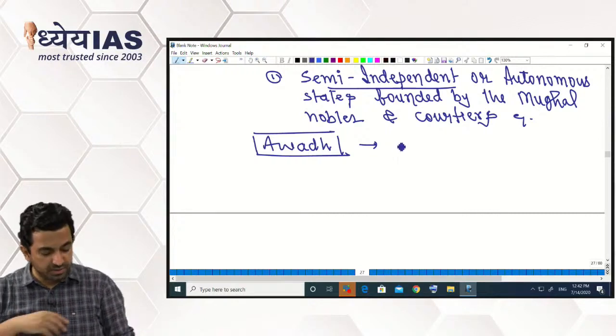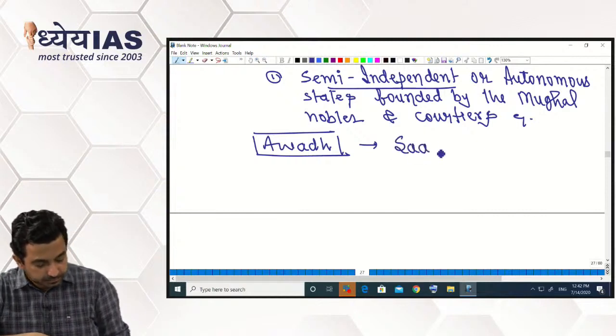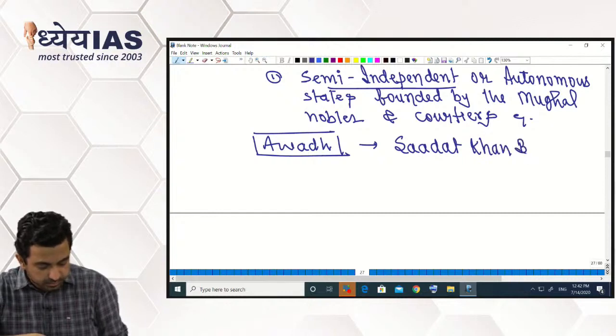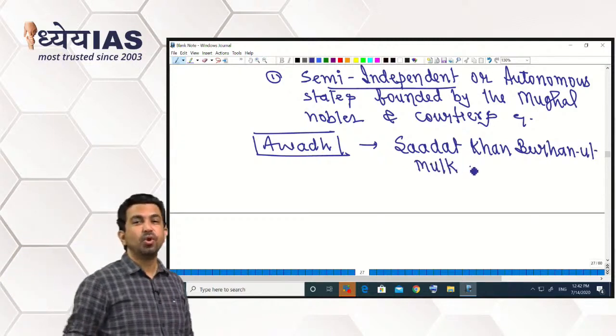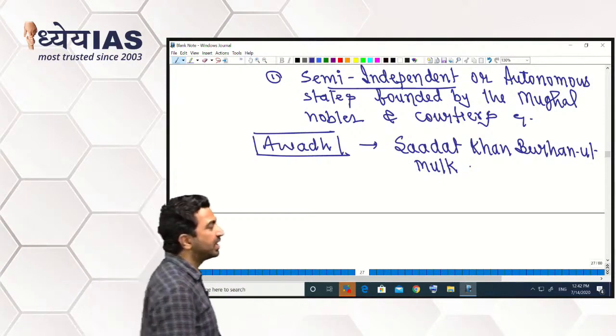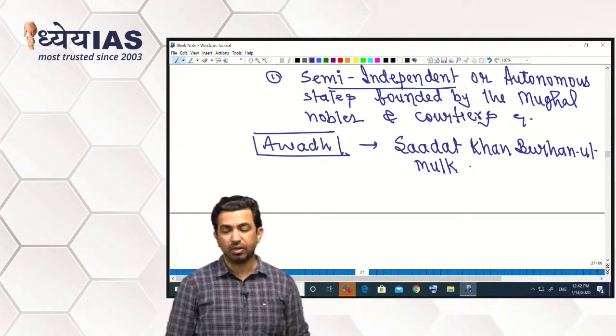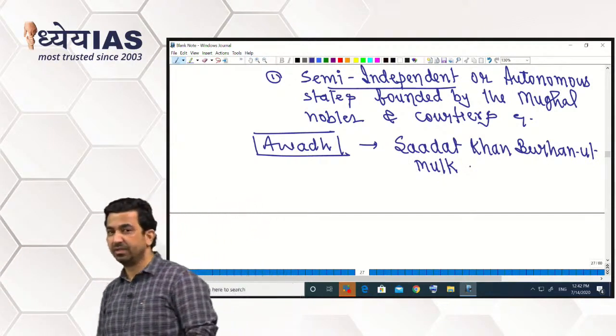Okay, so Awadh was founded by Sadat Khan, who was given the title of Burhanul Mulk. Sadat Khan Burhanul Mulk. Okay, Awadh.